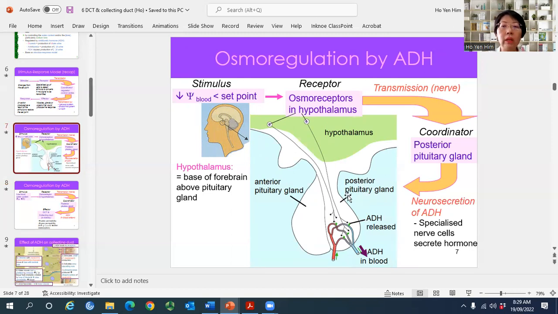So when a student only writes pituitary gland, the answer is half correct and half wrong, because the anterior pituitary gland secretes FSH and LH, and it will go to the reproductive organ in front. Posterior pituitary gland secretes ADH, and will go to the kidney behind. So that's why it's important to mention which one.